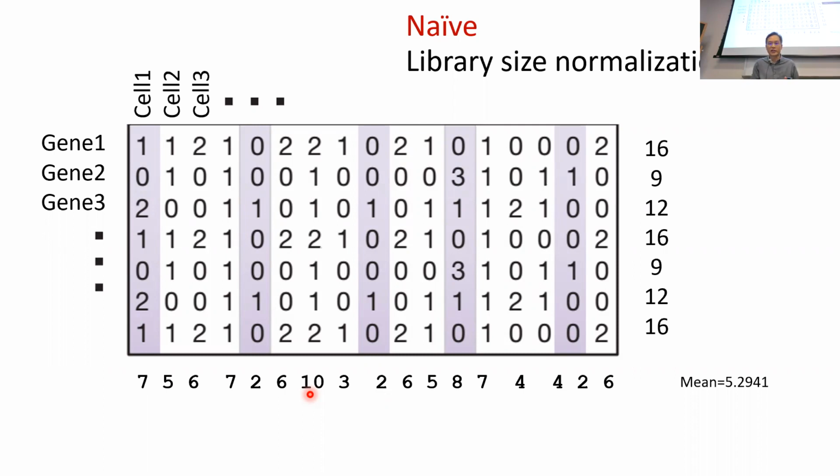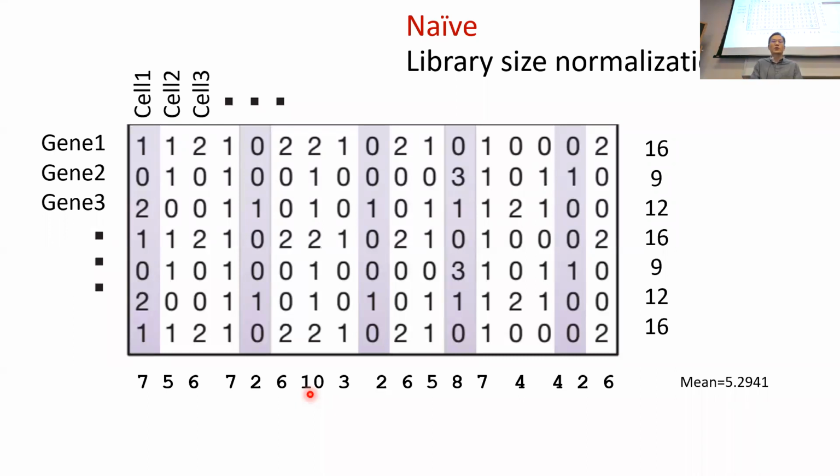So we want to actually control for the sequencing bias. The sequencing bias will overwhelm the biological variability. So the library size normalization is trying to get rid of those sequencing biases, and you have a different number of total reads in each cell.